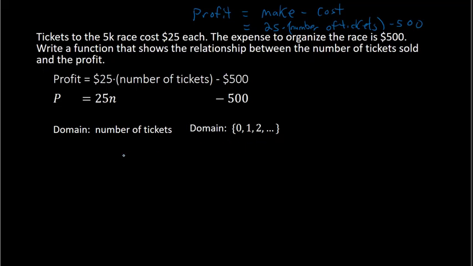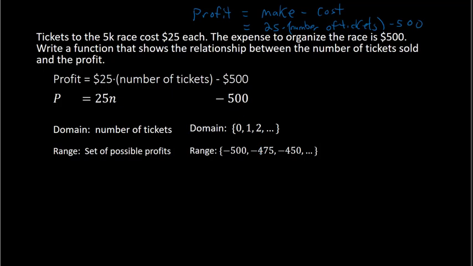Your range would be your P-value, or your set of possible profits. Once we plug a 0 in, we have 25 times 0 minus 500. So that'd be negative 500, one possibility for my P-value. If we sell 1 ticket, it's 25 times 1 minus 500.